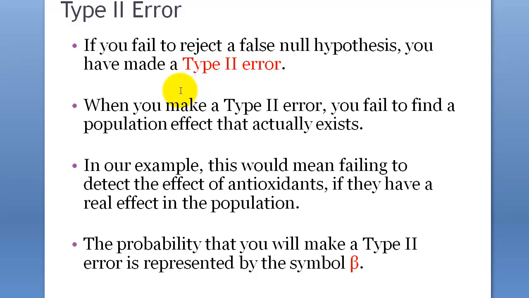An easy way to distinguish type 1 and type 2 is to think about research on medicine, trying to find some positive effect. Assuming there's no effect is probably the more conservative, safer thing. If we decided that there's no effect, we're not going to prescribe the medicine to anybody.